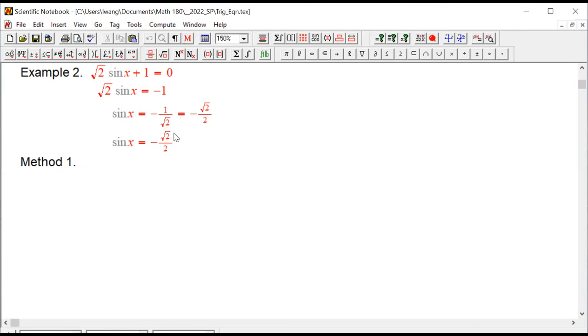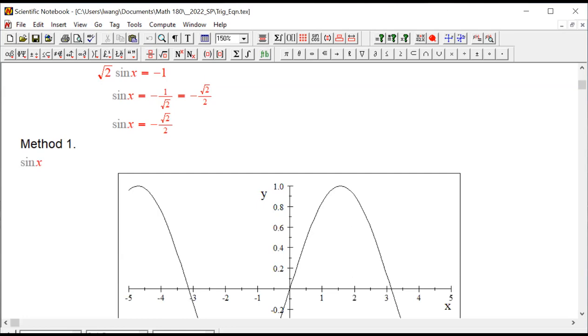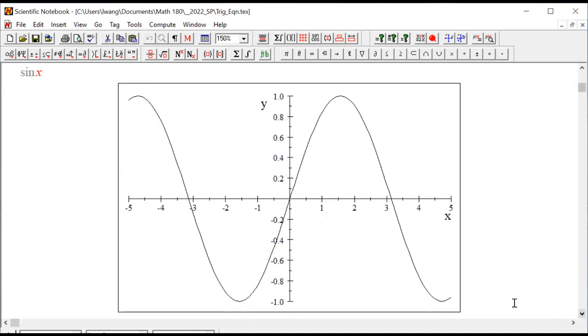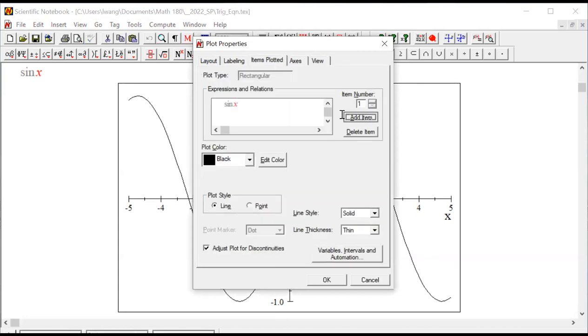And then what do we have? We have sine x. We're going to graph it. We're going to draw a horizontal line, y equals -√2 over 2. I'm going to draw a red line.